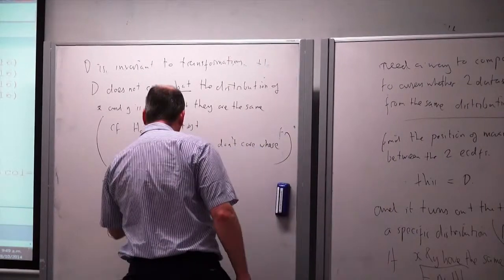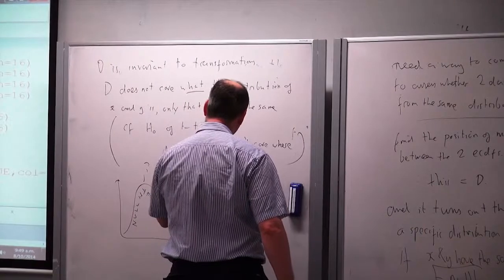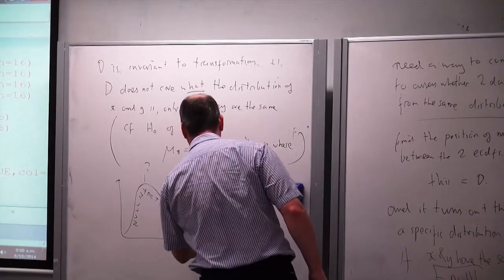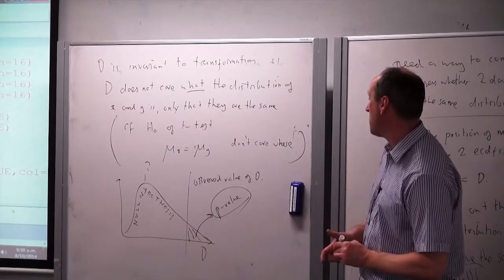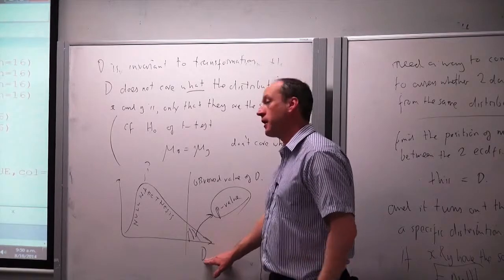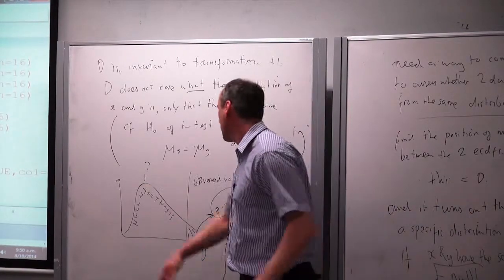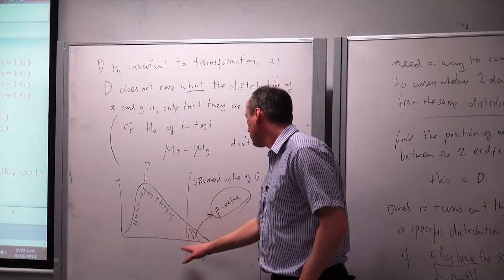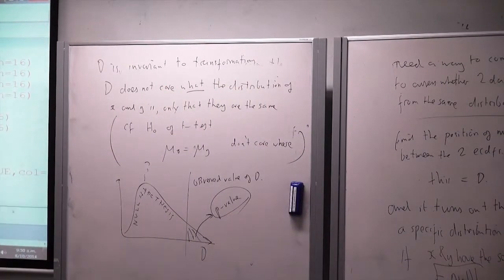Here's our observed value of D. P-value. We're getting the same argument again. We know what D looks like under the null hypothesis. It looks like this Kolmogorov distribution, which I could give you. I could give you the maths if you wanted. Work out the p-value.